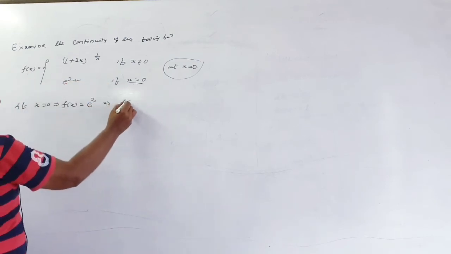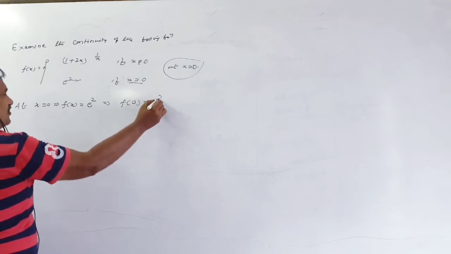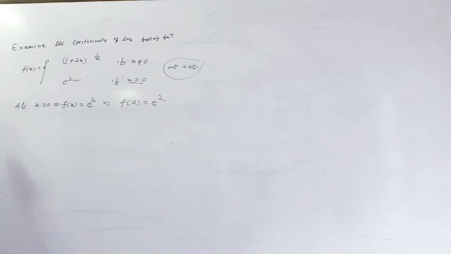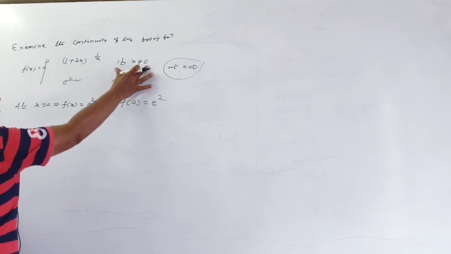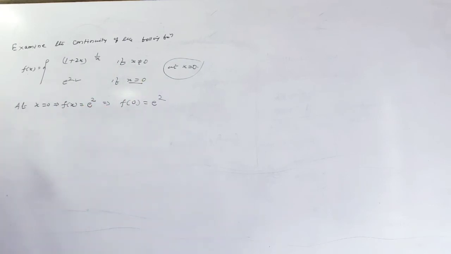So f(0) is again e square. Here x is not equal to 0, so we only need to find the limit value. Now limit x tends to 0 of f(x).